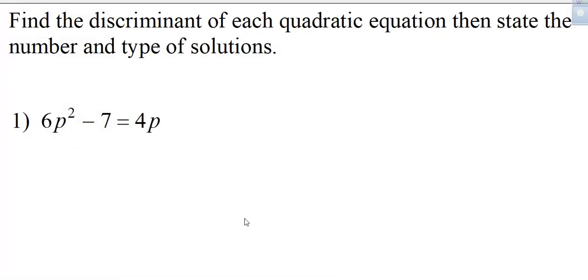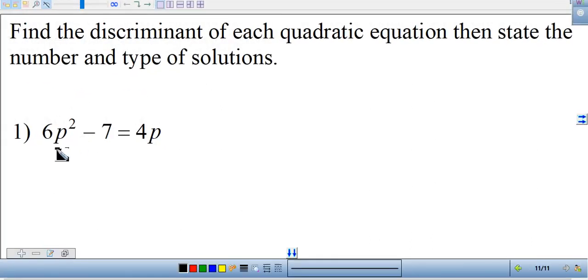In this first example, I'm going to start just like I would if I was setting up the problem for a quadratic formula. I need to make sure that everything is in standard form, meaning that I have everything on the same side and that it is in ax squared plus bx plus c order.